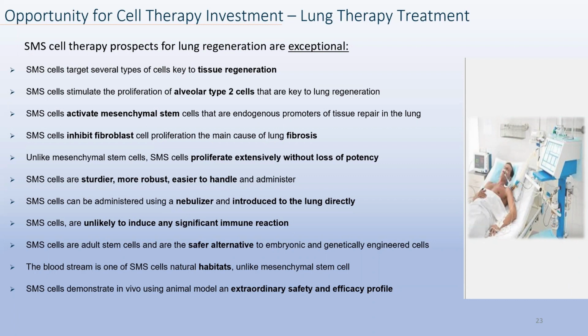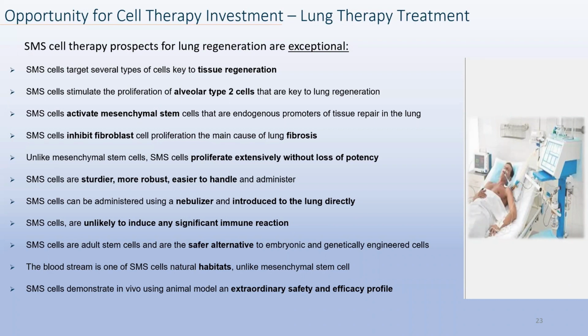Unlike mesenchymal stem cells, SMS cells are able to proliferate extensively without loss in potency. SMS cells are sturdier, more robust, easier to handle and administer. Their robustness allows, for example, the shipment at refrigerator temperature conditions to all over the world.